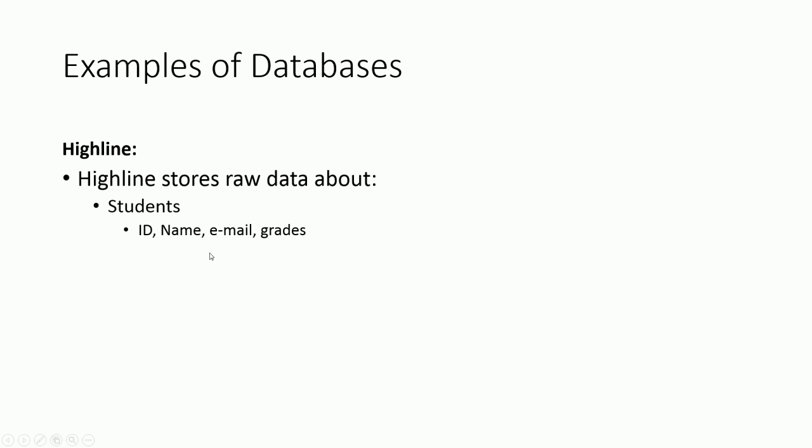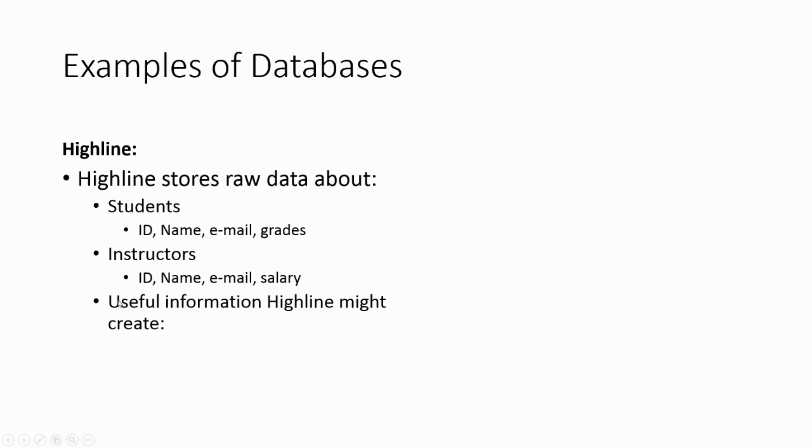So we could store information on students and also instructors, things like ID, name, email, and salary. How do we go from storing this raw data to creating useful information? Well, Highline might do that when it calculates just the GPA for business students or just the GPA for nursing students. Or how about when all the students are signed up for fall?